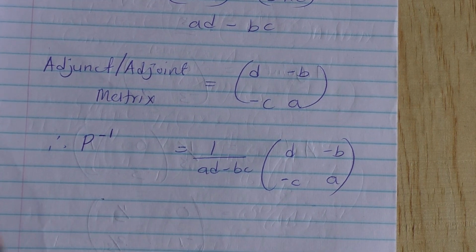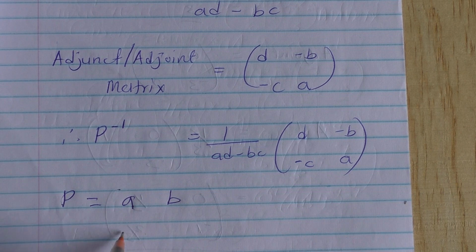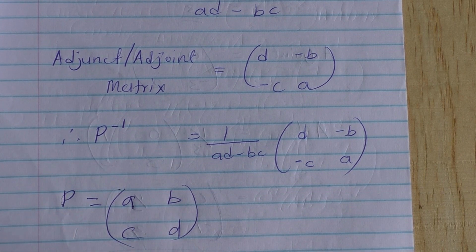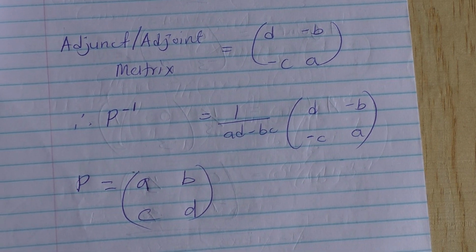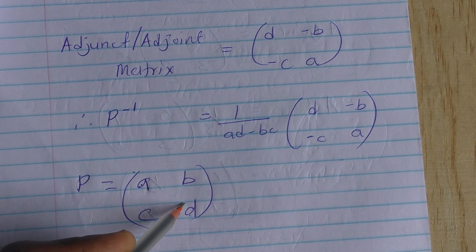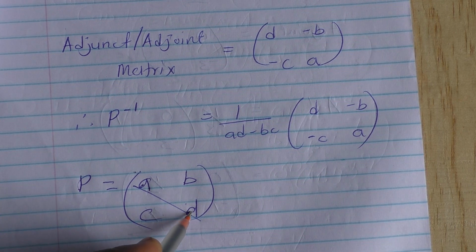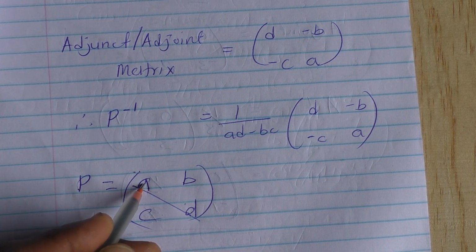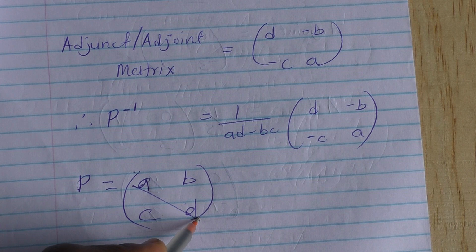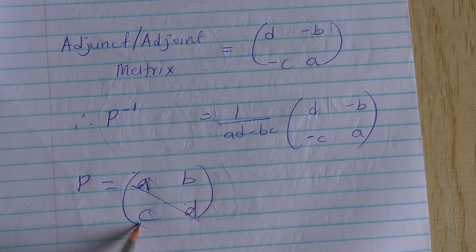From matrix P, which is A, B, C, D, the adjoint is given by: we change the positions of the elements in the major, so that D goes up and A comes down. Then the elements in the minor diagonal change signs.